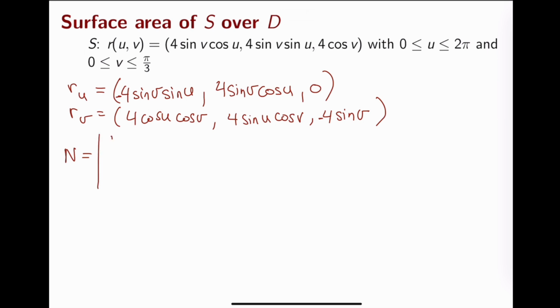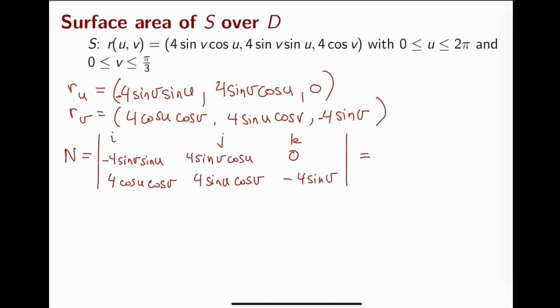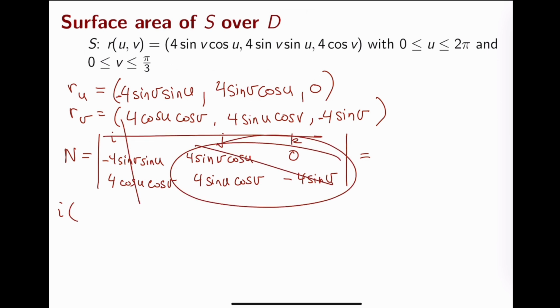We're going to write in the first row i, j, k, and so in the second one, this vector, and this equals i times, eliminating this and doing this determinant will be just this product.